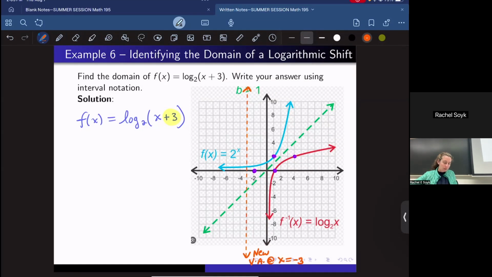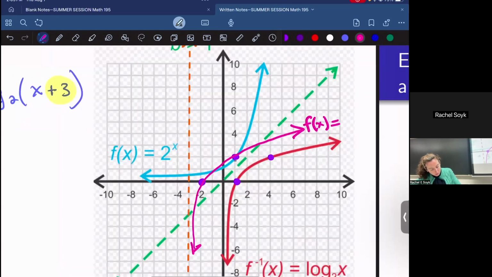So now from there, we can very easily sketch out our log function. And then I'll label it f of x equals log base 2 of x plus 3.